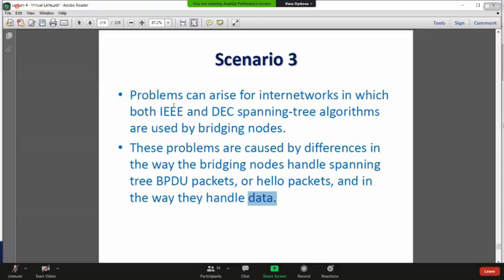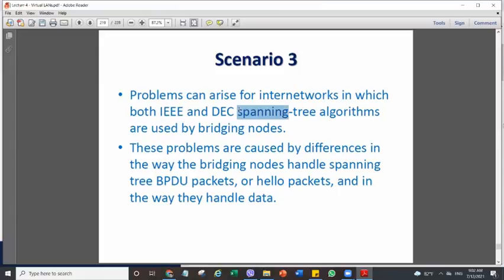When we use these different approaches together, we focus on the IEEE approach so far. DEC is also another approach. Then there can be confusion. We'll see what we can do with that.